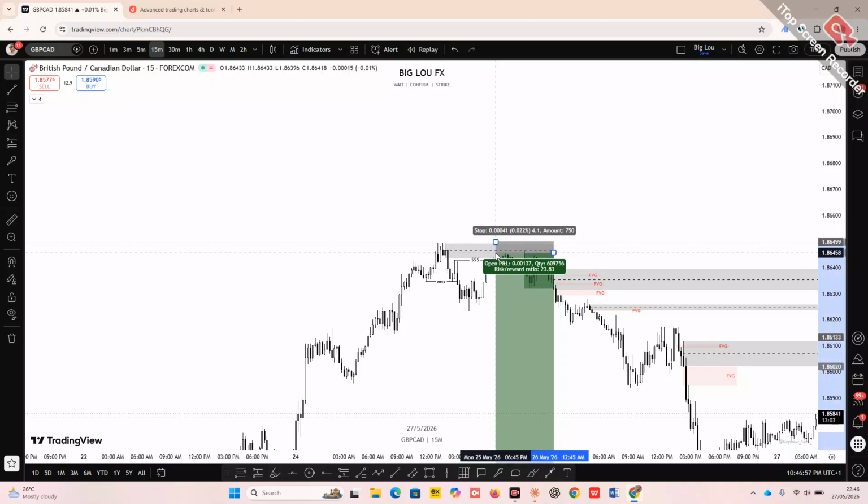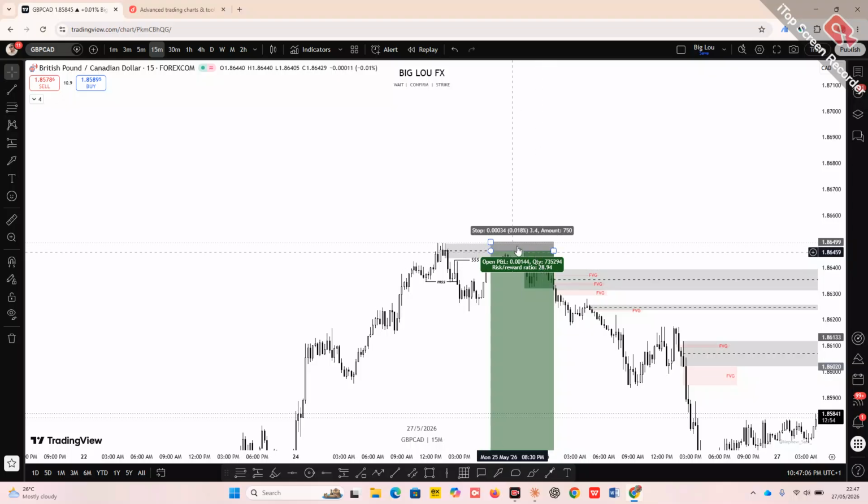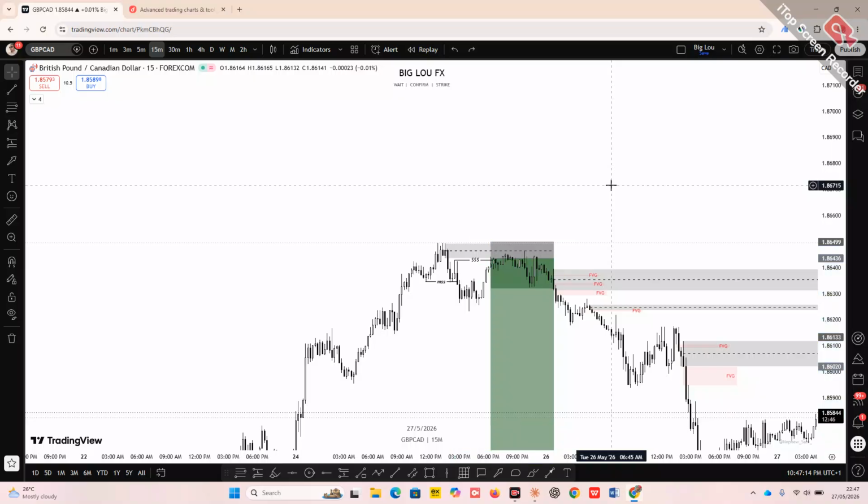So if your entry was to be here, this goes from 1 is to 15 to 1 is to 28. You see how crazy this would have been. From 1 is to 15 to 1 is to 28 if your entry was here. So that is how serious it could be if you use 50% into your POI.